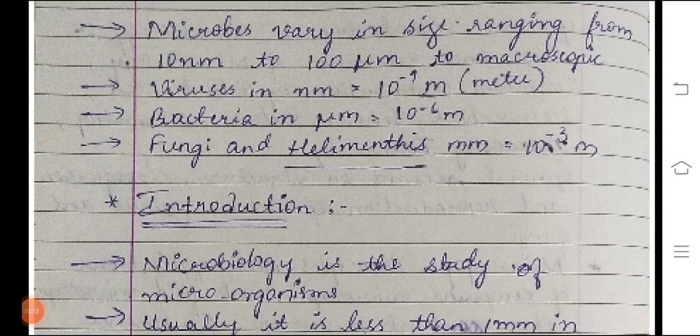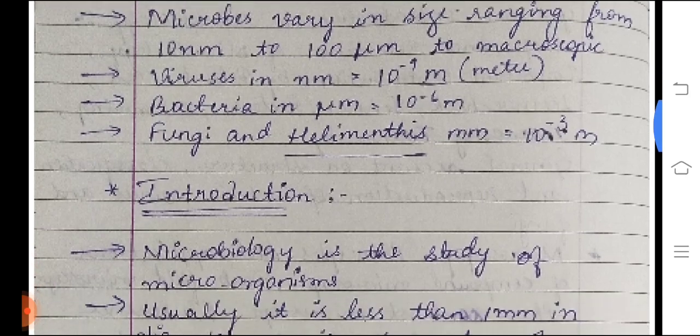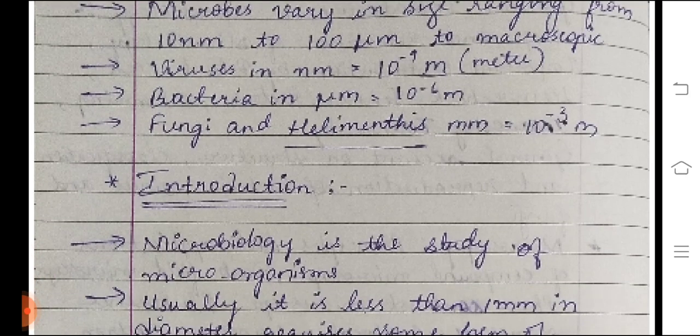Okay, so it varies. Viruses can be in nanometers and bacteria can be in micrometers. Fungi and helminths can be in millimeters. So every microorganism varies in size, not the same.